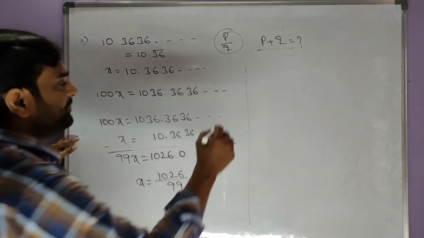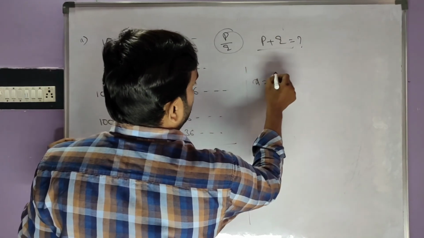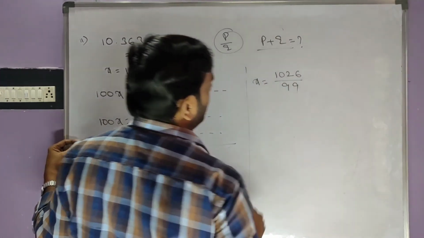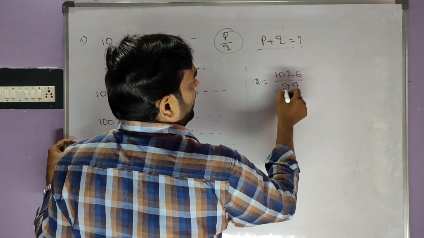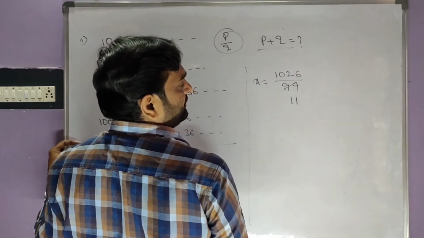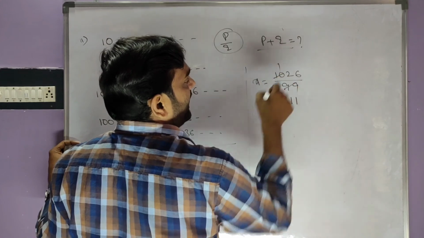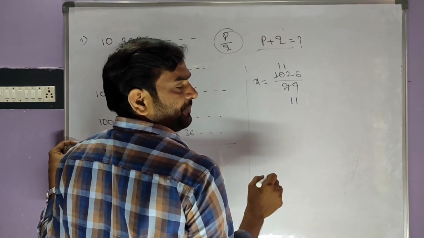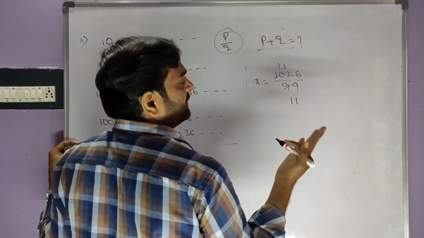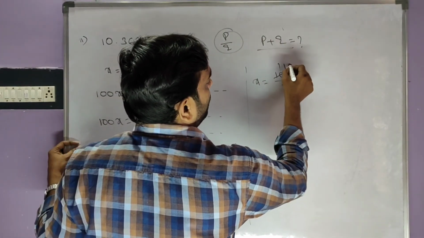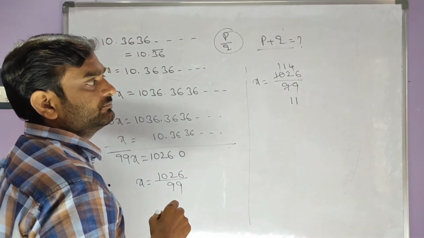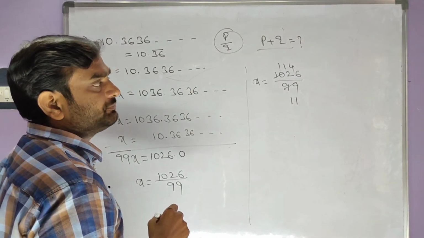Now divide. x is equal to 1026 by 99. 9 ones are 9, 10 remaining, 12 remaining, again 9 ones are 9, 3, 36 remaining, 9 fours are 36.